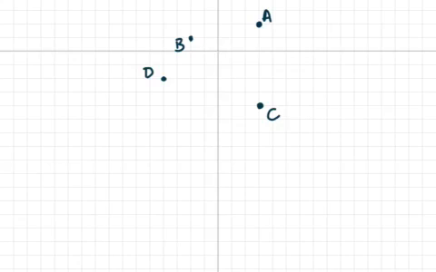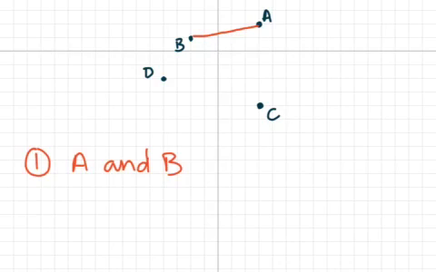So for example, if I'm trying to find the distance between points A and B, so that is this diagonal distance here from A to B. I can see that I don't actually know what that is, and some of you suggested we could estimate or we could measure it with a ruler, but there's actually a more exact way that we can find an answer for that.